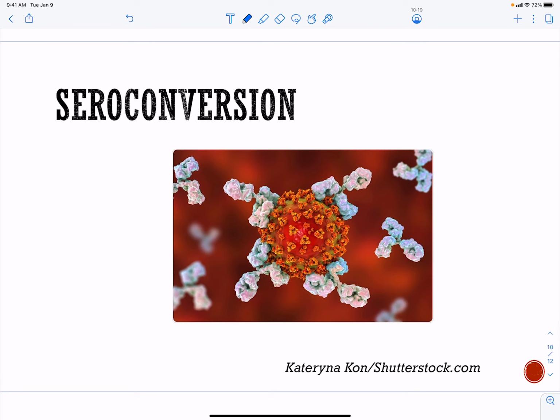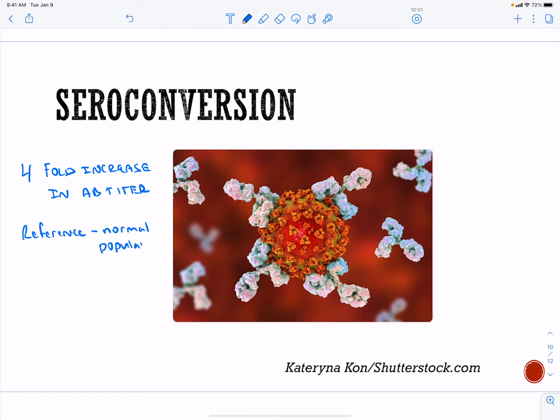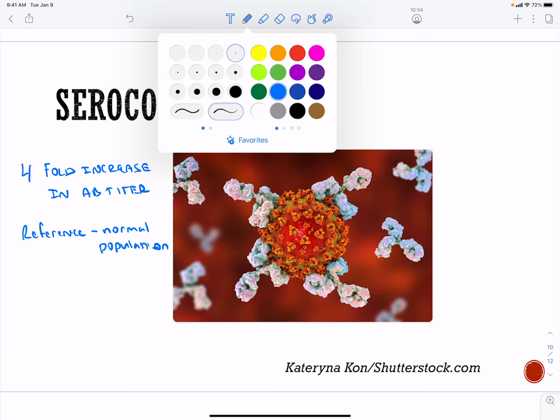Now, what is seroconversion? Seroconversion is where you can measure an increase in antibodies because a person has been exposed to the actual pathogen. And the cutoff is a 4-fold increase in your antibody titer. And this, of course, has to have a reference, and usually this is a normal population. An example is HIV.